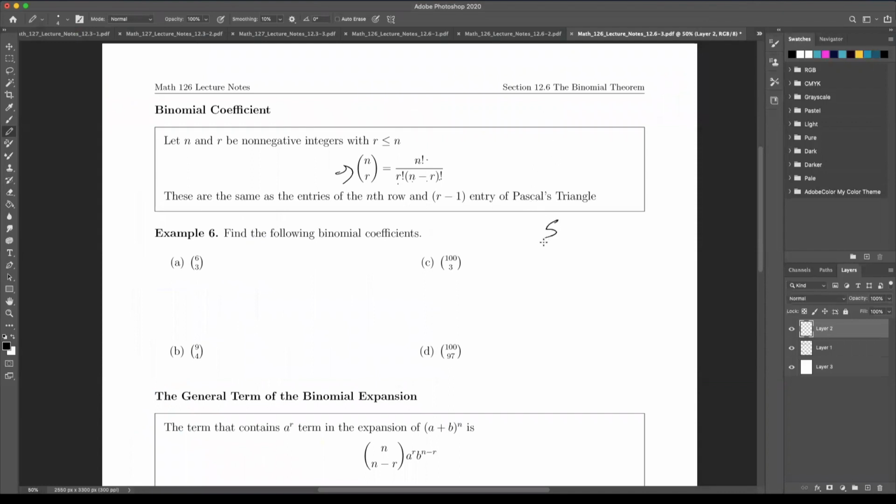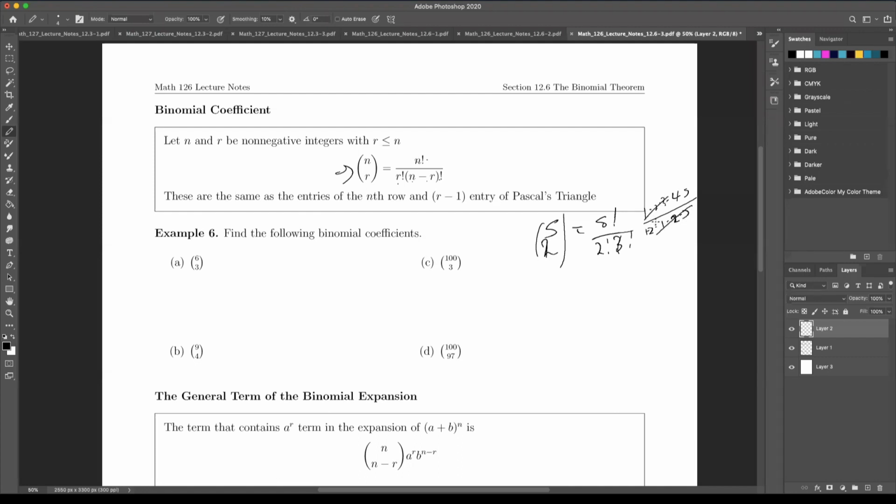5 choose 1 would be the second thing in the row. Let's actually do 5 choose 2, that's a little more interesting. So 5 choose 2, I'll have 5 factorial divided by 2 factorial times (5 minus 2) factorial, which is 3 factorial. 5 factorial is 1 times 2 times 3 times 4 times 5. 2 factorial is 1 times 2, 3 factorial is 1 times 2 times 3.